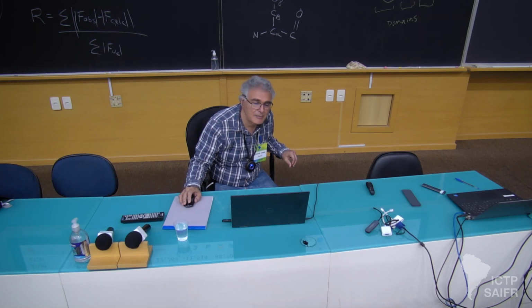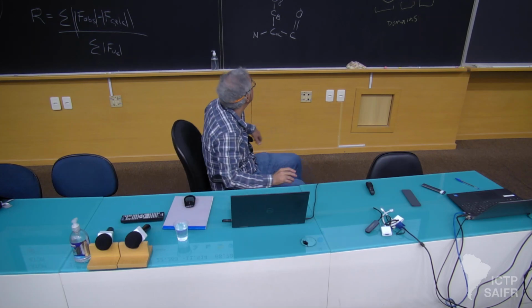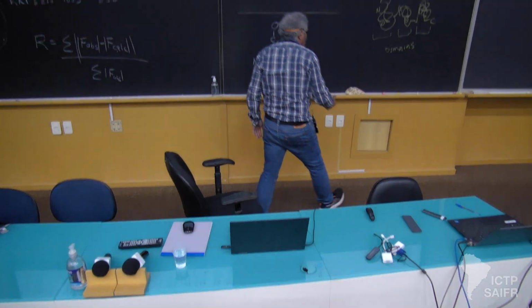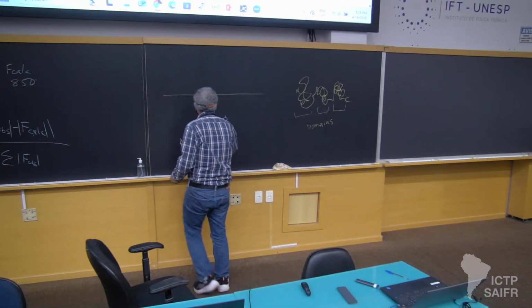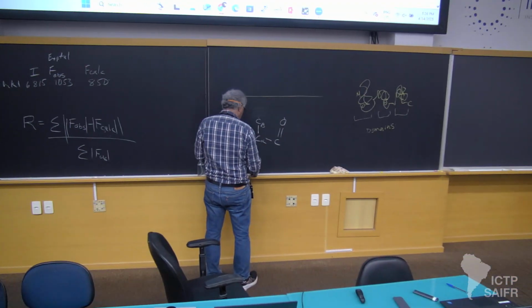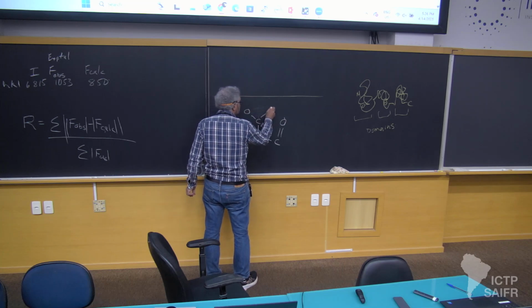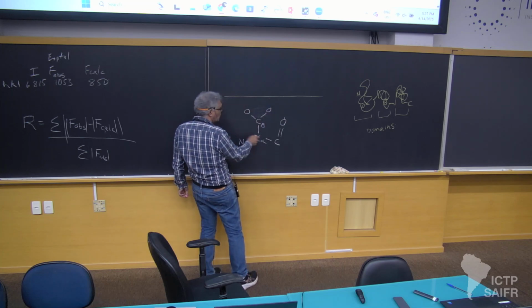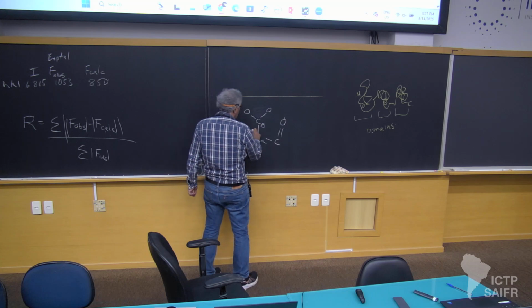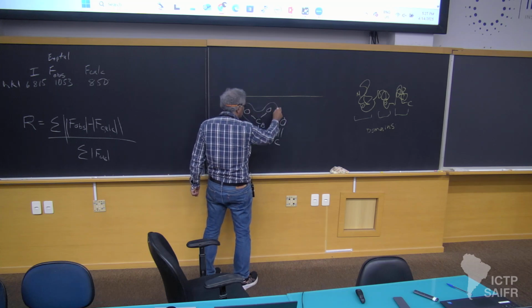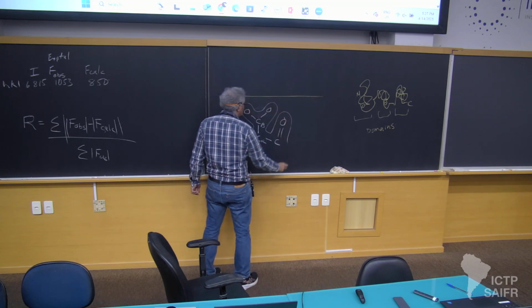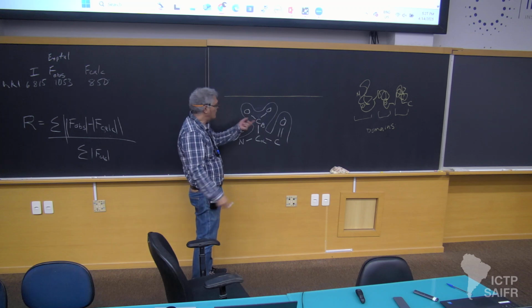Now, sometimes you can find a certain amino acid, a serine, where you can see the oxygen in this direction, and then you can also see the oxygen in that direction. You know it's a serine, but the electron density looks like this, and you ask, how can that be?